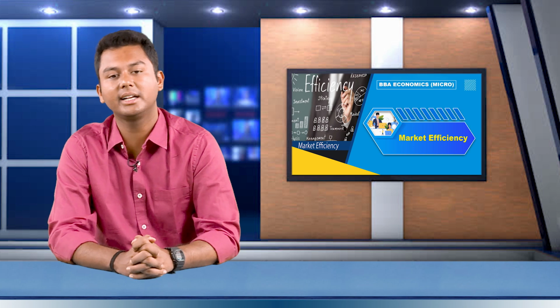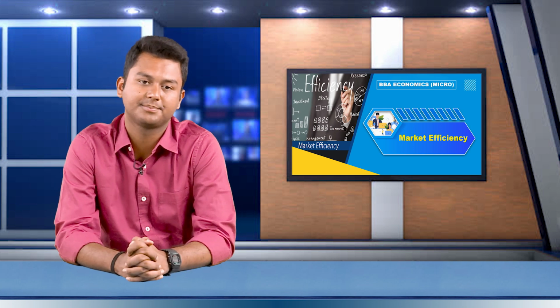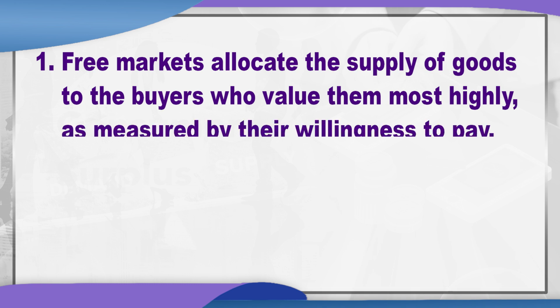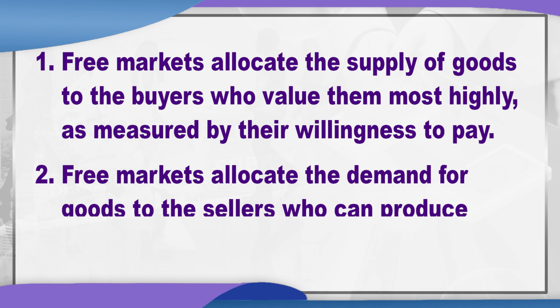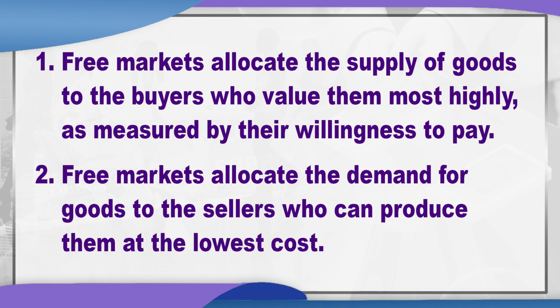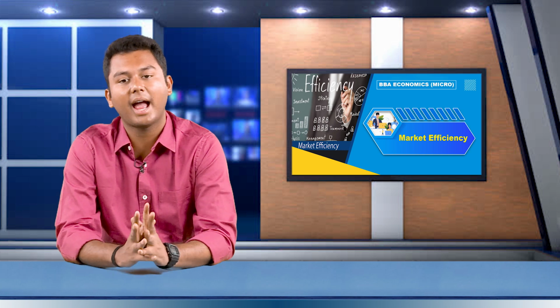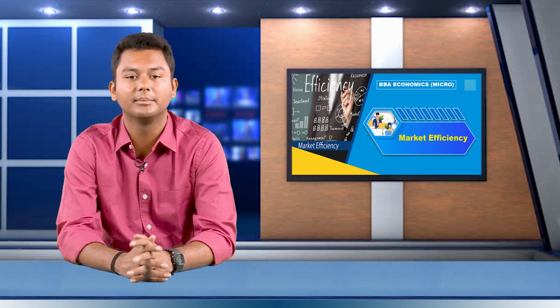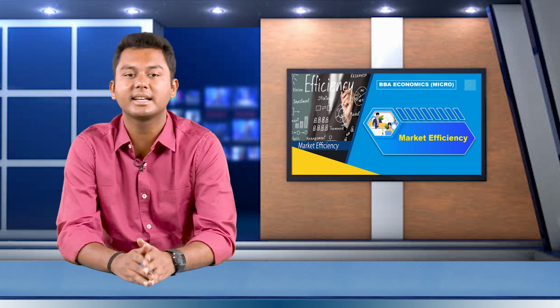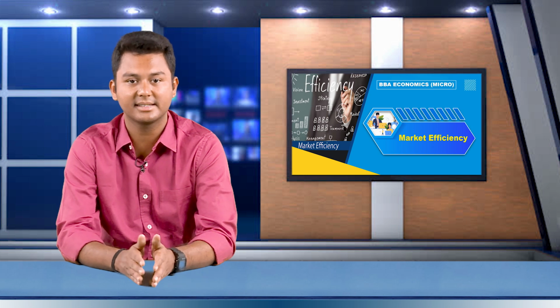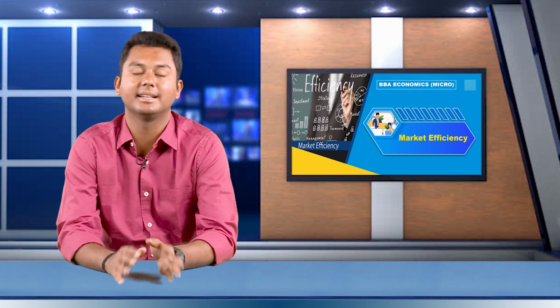These observations lead to two insights about market outcomes. First, free markets allocate the supply of goods to the buyers who value them most highly, as measured by their willingness to pay. Second, free markets allocate the demand for goods to sellers who can produce them at the lowest costs. Thus, given the quantity produced and sold in the market equilibrium, the social planner cannot increase economic well-being by changing the allocation of consumption among buyers or the allocation of production among sellers.